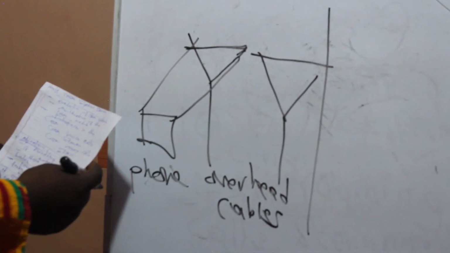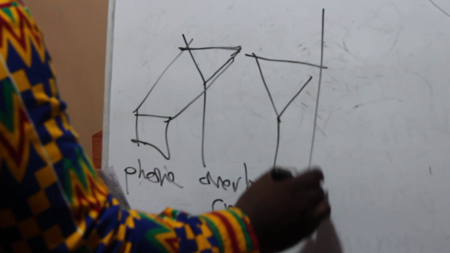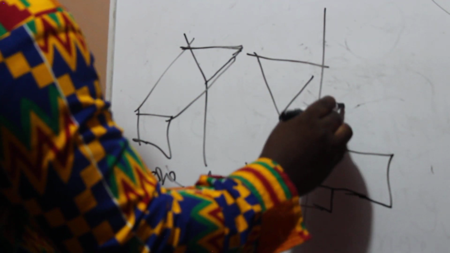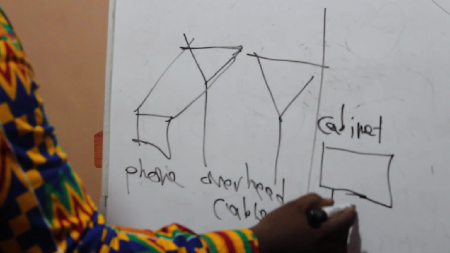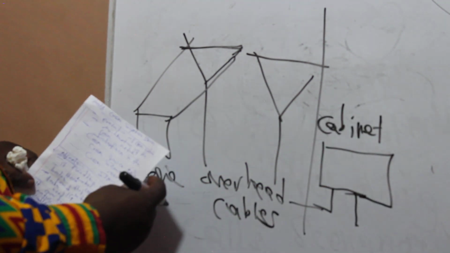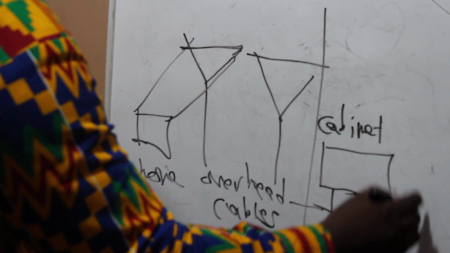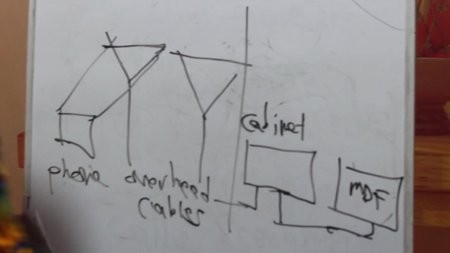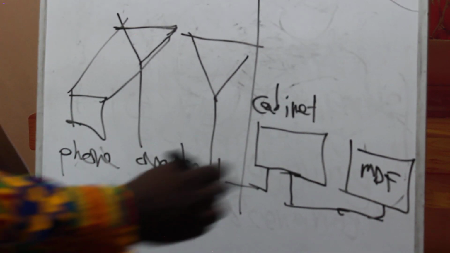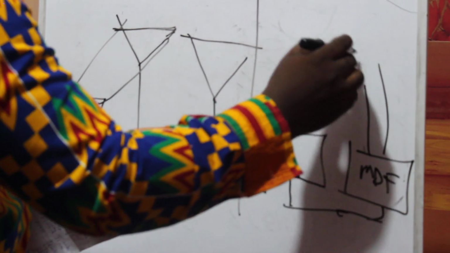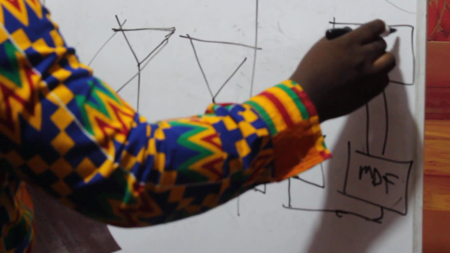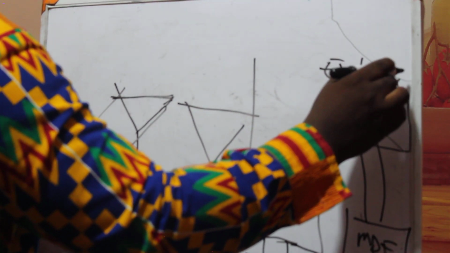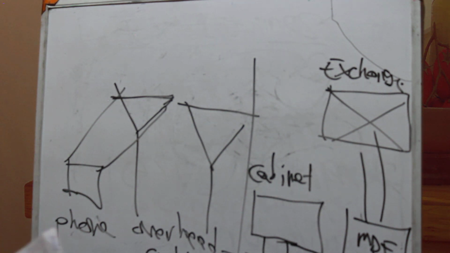And then from the overhead cables, it goes straight to your cabinet. From the cabinet, it goes through what is called the MDF, main distribution frame. And from the MDF, it goes to the exchange. So this is a simple architecture of a fixed line network.